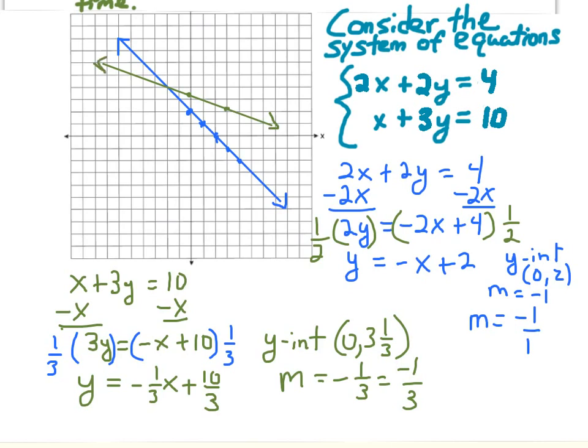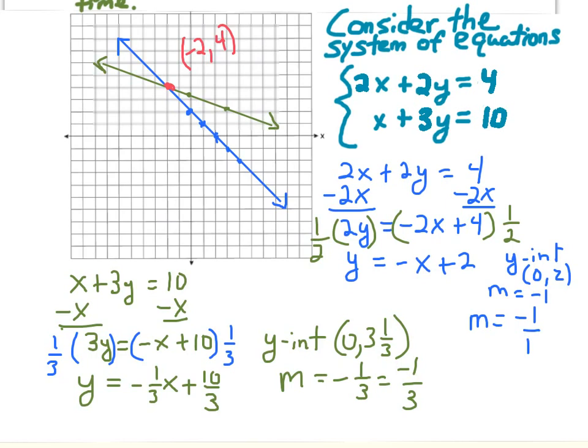Now, what I'd want you to note here is that these two lines actually intersect at the point -2, 4. That is what we call the solution to the system of equations, because it's the one point that they share in common.